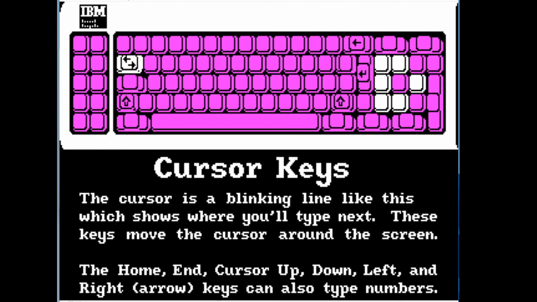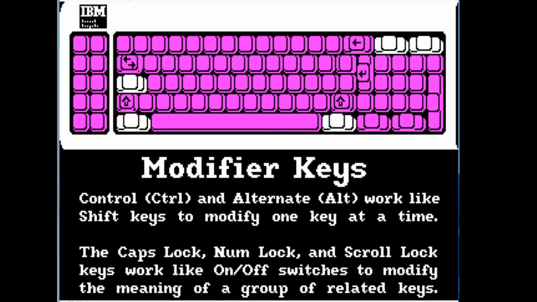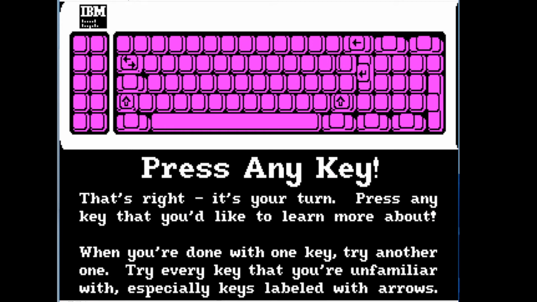And then you have modifier keys. So you can make it do a different function, so it works almost like a typewriter in that sense. Oh look, here's a numerical keypad. Oops.